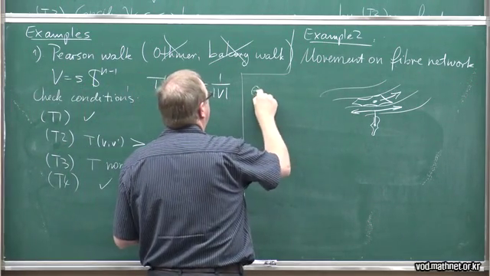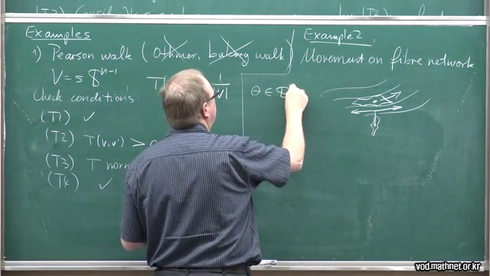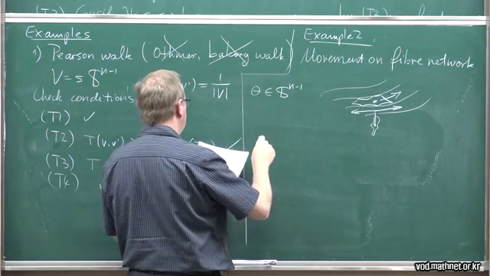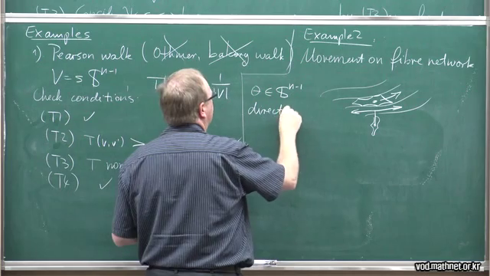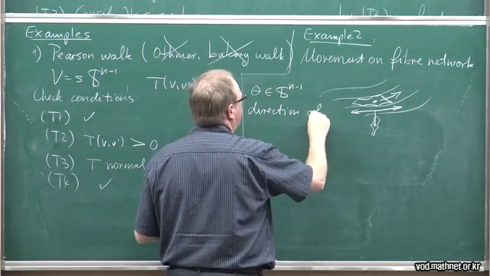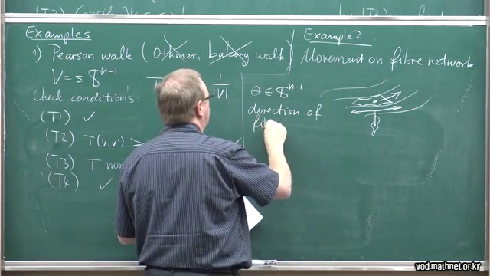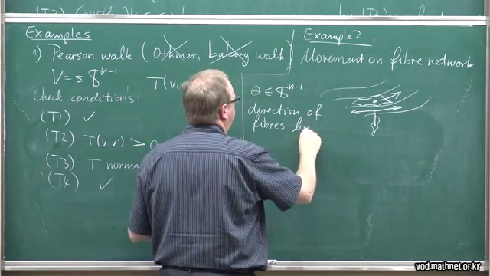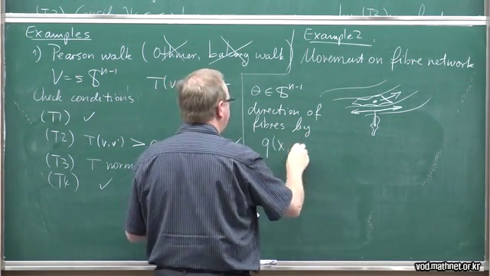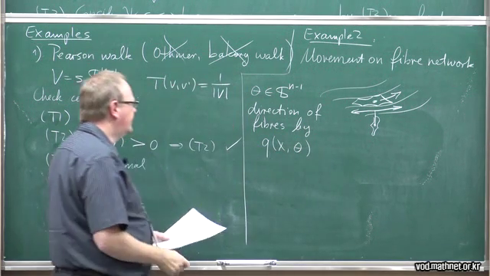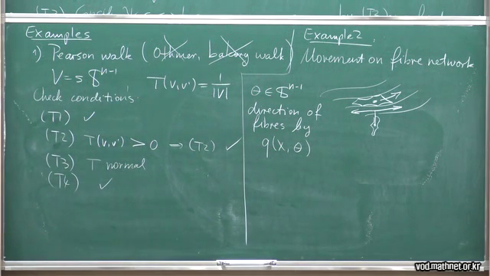So let's call theta a unit vector in S^(n-1). And I denote the direction of fibers by a function q of x and theta. So this q is a distribution of fiber directions. It's a distribution of direction theta, and at each location x I might have a different distribution of these.